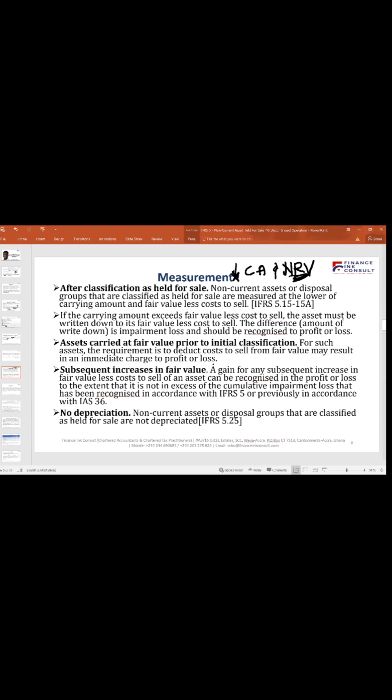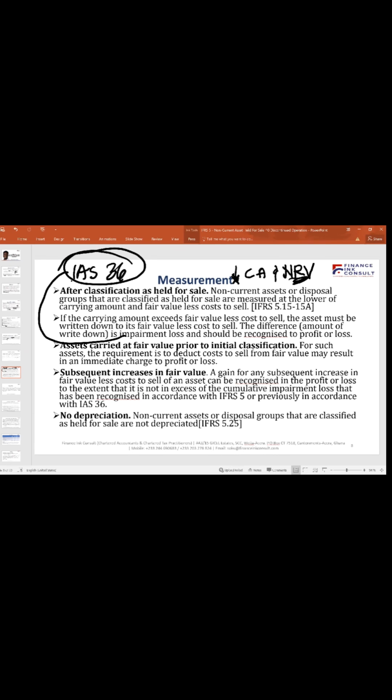an impairment loss, and it should be recognized in your P&L. Once again, we will look at impairment in IAS 36. But basically, impairment talks about your carrying amount, your cost less accumulated depreciation, being more than your recoverable amount, which is the higher of net realizable value and value in use.